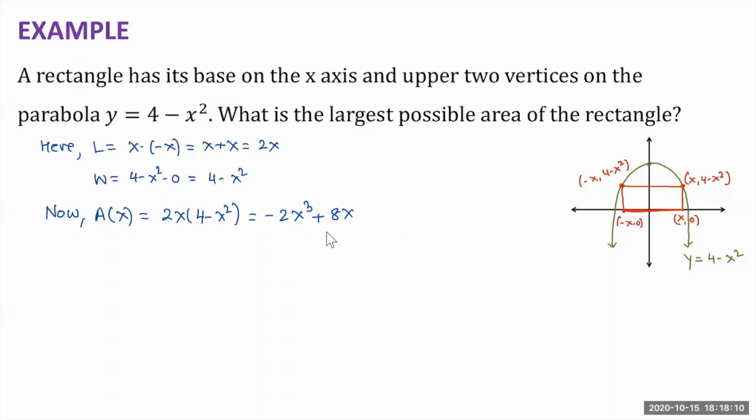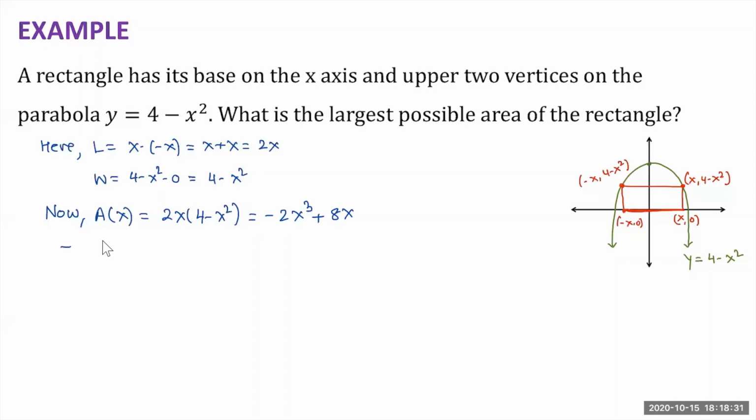We know that the maximum or minimum value occurs at the critical point, that is where the first derivative is 0 or undefined. And I'm also going to use the second derivative test to verify whether the function has a maximum or minimum value at the critical point. So let's first find the first and the second derivative.